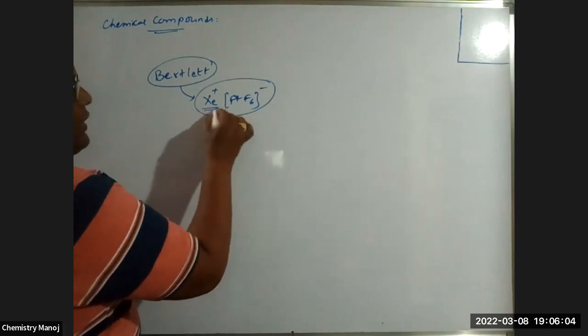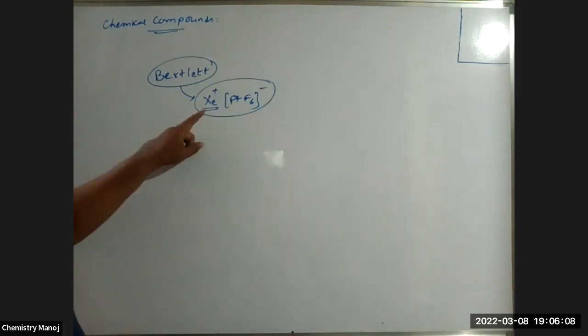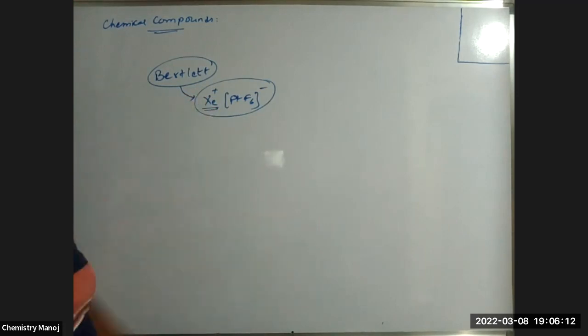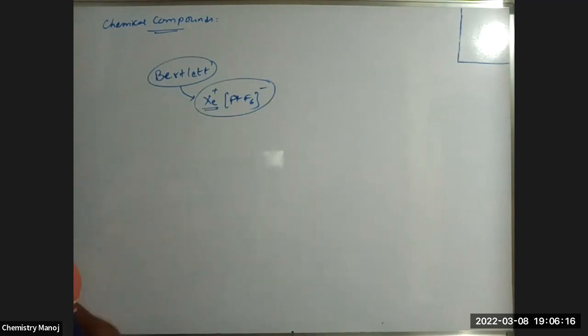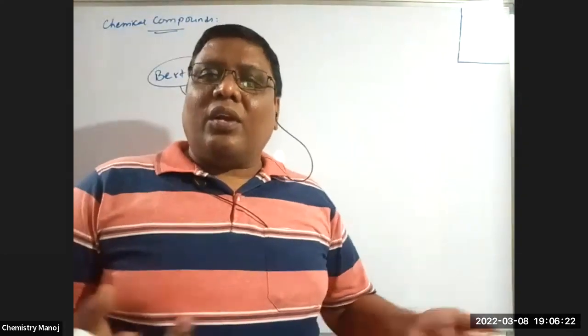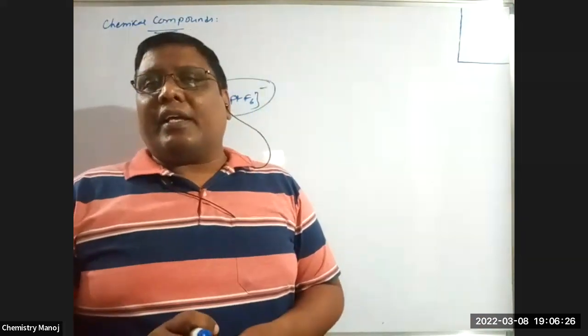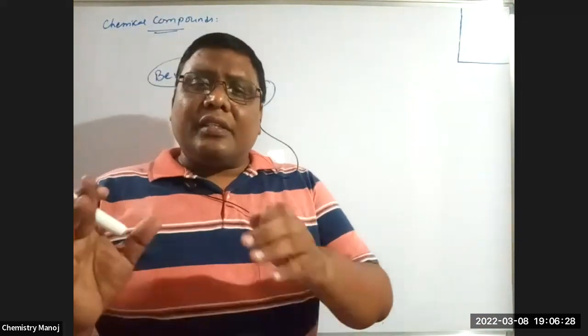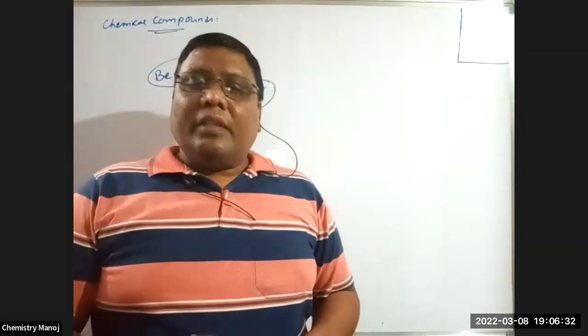That means xenon can also form compounds. Because this compound is formed, xenon can be involved in chemical reactions. This is a complex compound. So scientists felt no doubt that xenon can form complexes and be involved in chemical reactions, and research went in that direction.